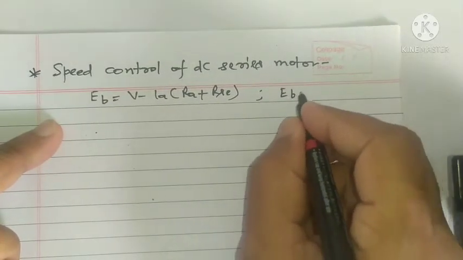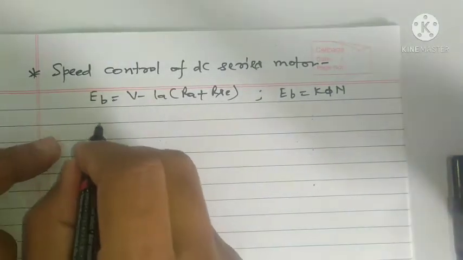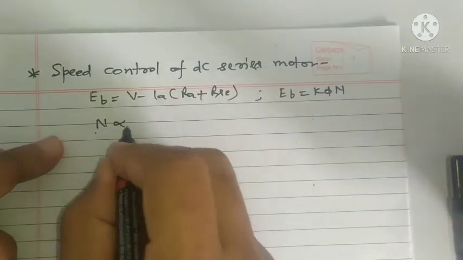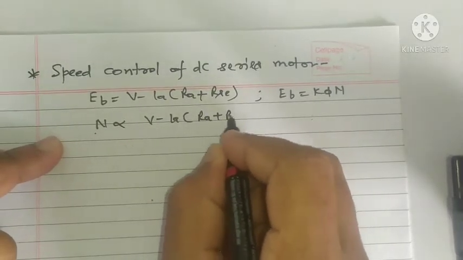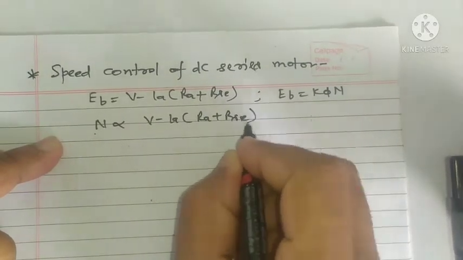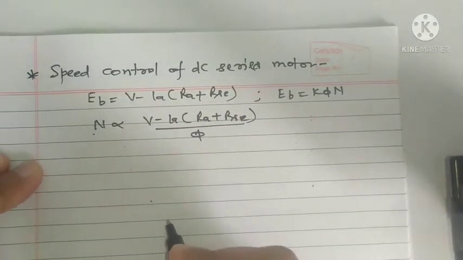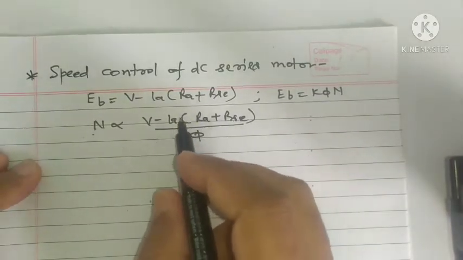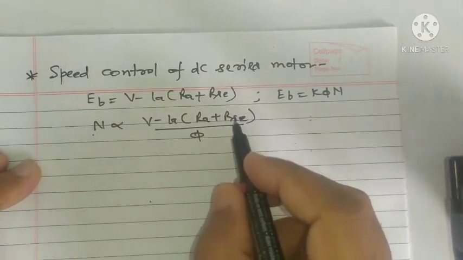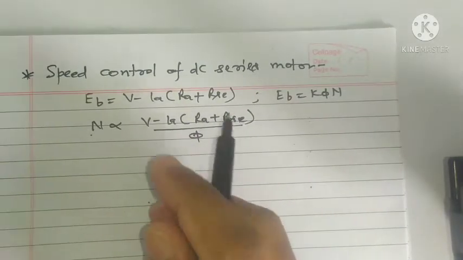Also, EB is K phi N. So from here we can write N is directly proportional to V minus IA (RA plus RSC) divided by phi. Right. So speed can be varied by varying supply voltage, by varying armature resistance or this flux.